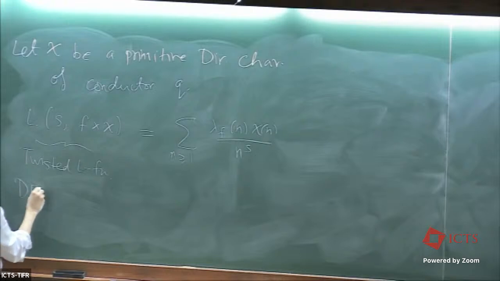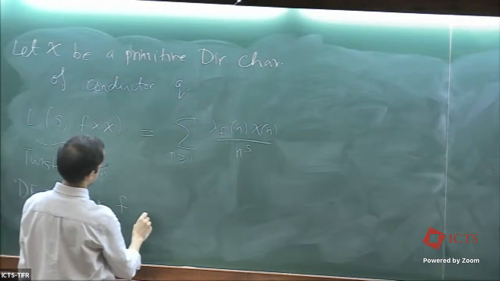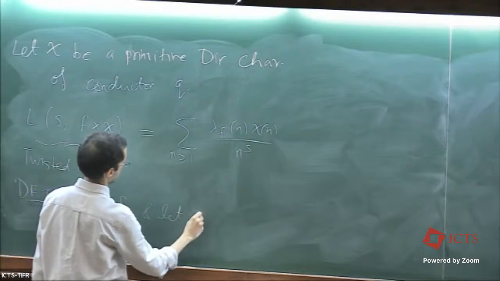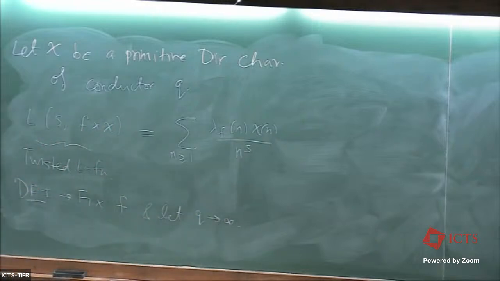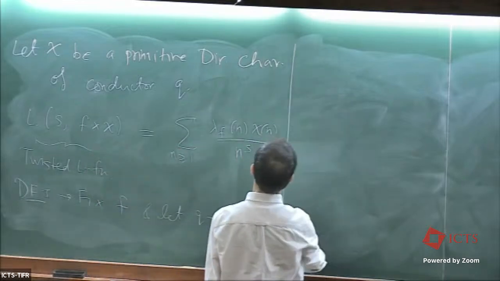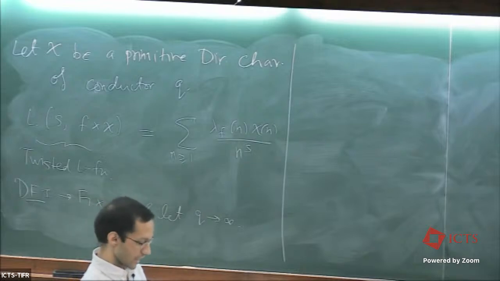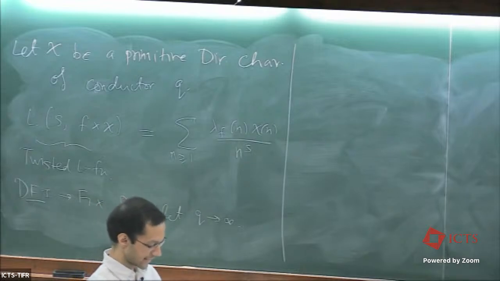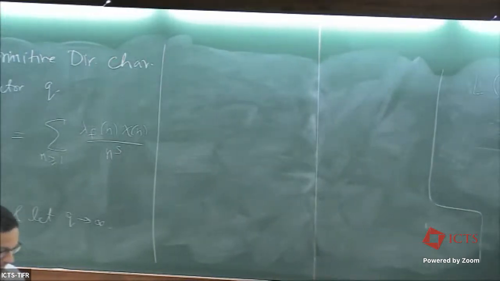So DFI considered: fix the holomorphic cusp form and let this Q go to infinity. Right? And over there is the first time that they used their delta symbol. Right? That's the genesis. So let me actually write down exactly what their result is so that I can state this.